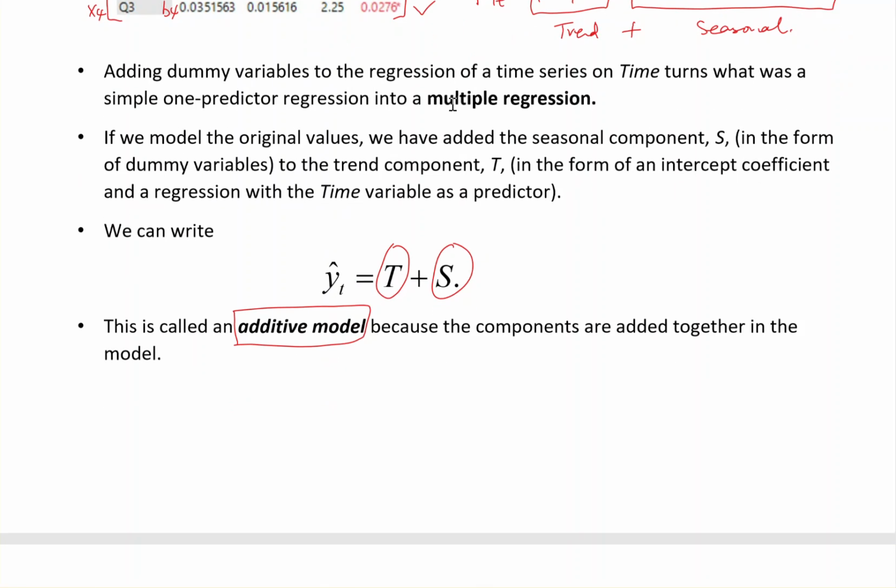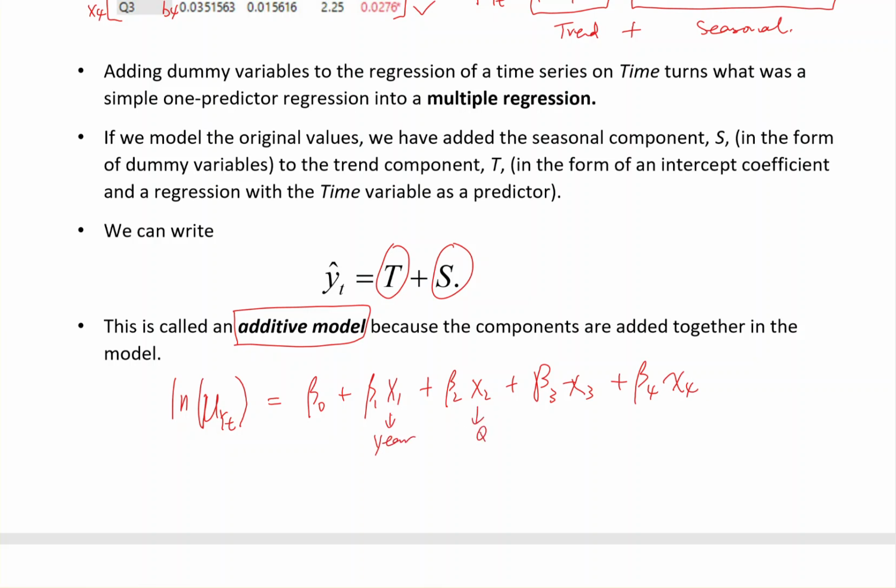That means your regression model will be: the natural log of mu of yt equals beta 0 plus beta 1 x1 plus beta 2 x2 plus beta 3 x3 plus beta 4 x4, where x1 is about the year, and x2 is Q1, this is Q2, this is Q3.